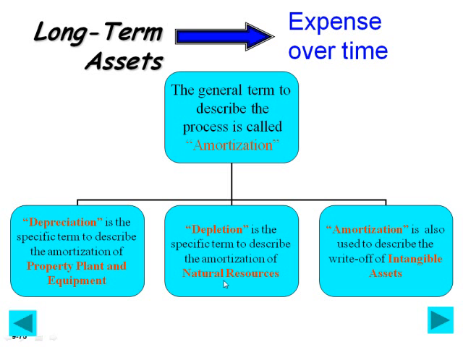Natural resources is not depreciated, it's depleted. And then at the end of the chapter, we're going to talk about intangible assets, and we amortize them. And they're all essentially under the heading of amortization, where you write off an asset. We just have different terms depending on the type of asset.